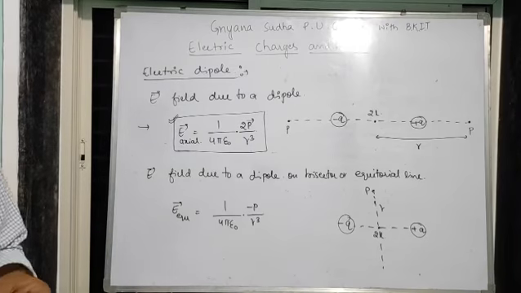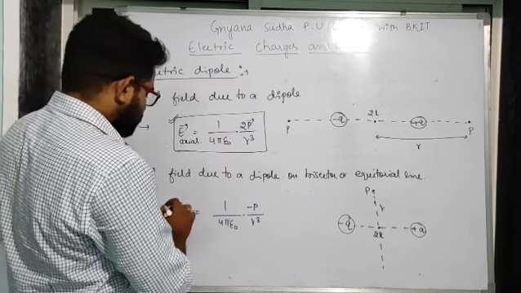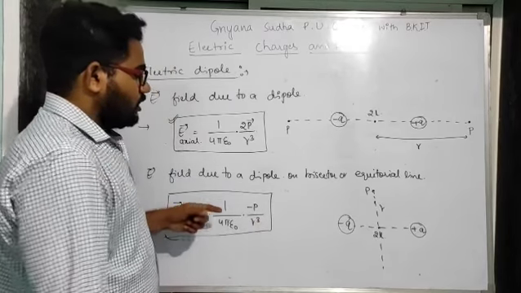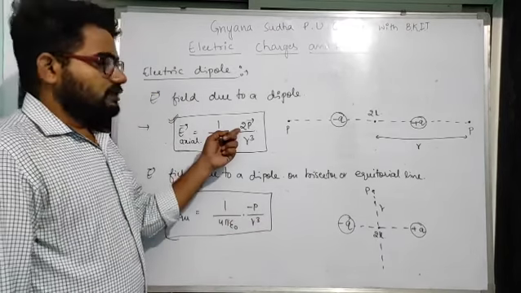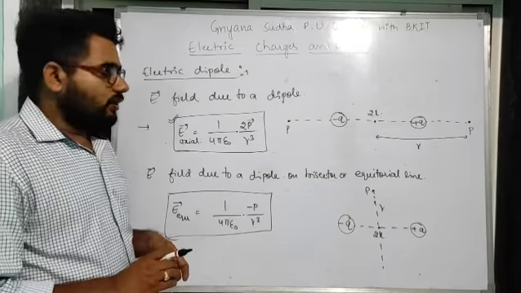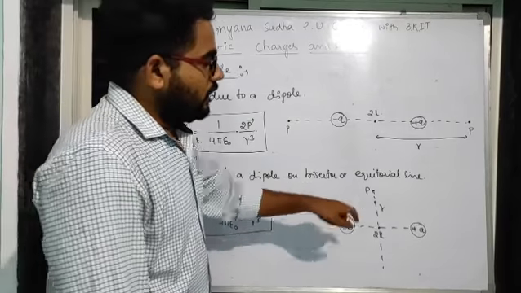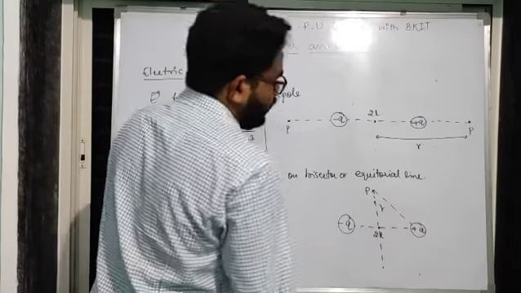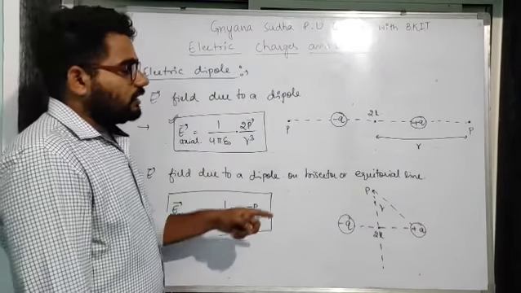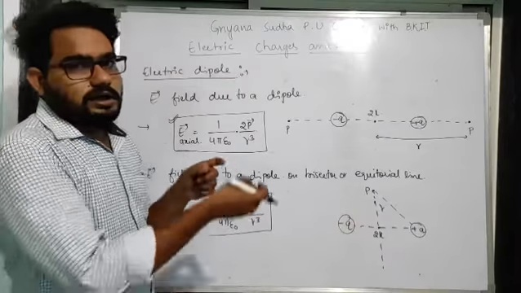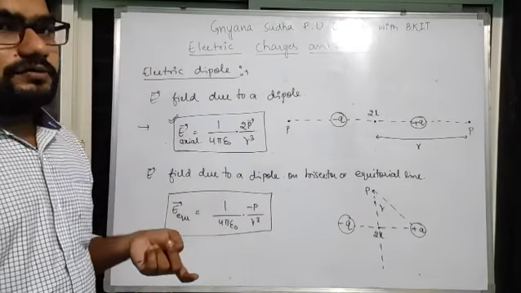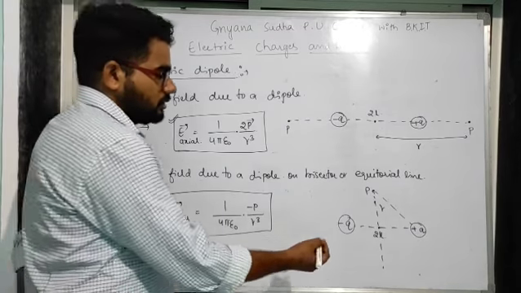Here it is positive and here it is negative. Why negative? Because at this point on the equatorial line the electric field will be in the opposite direction of the dipole, okay.